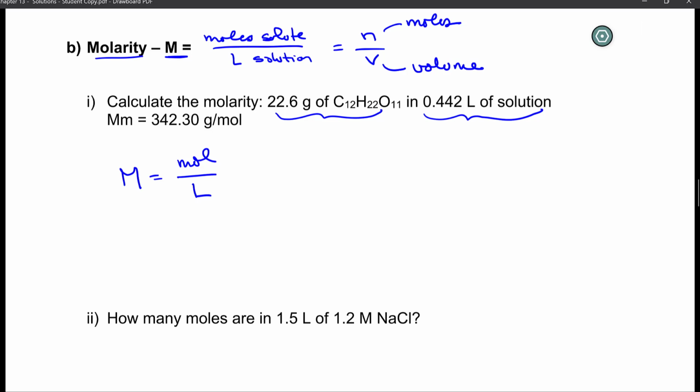I already have the liters: 0.442 liters. Remember, this is liters of solution. So make sure that it says liters of solution when you do the problem. Occasionally, it'll just say solvent, and in those problems, generally at this level, that's a mistake. Usually, they're assuming that the solution and the solvent are the same volume.